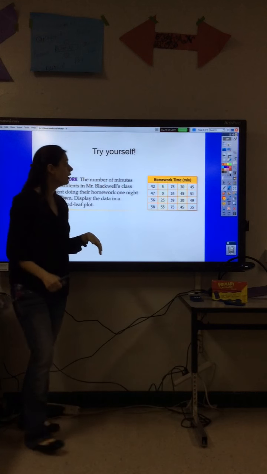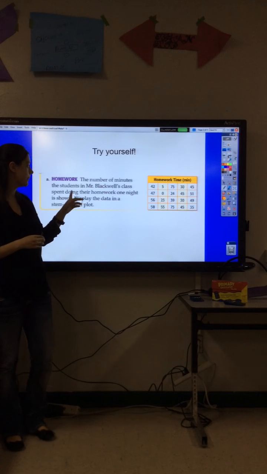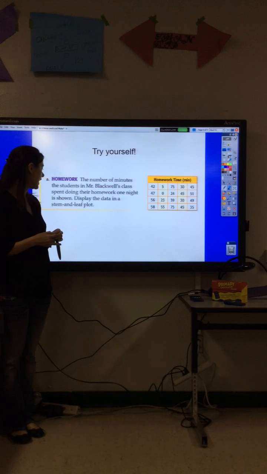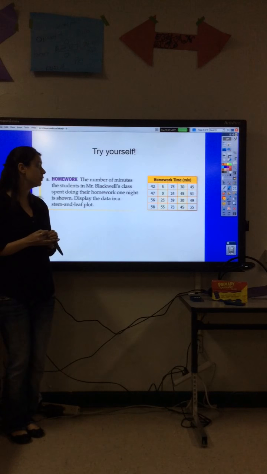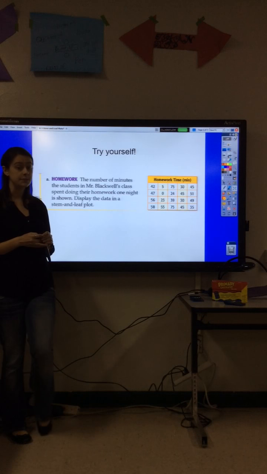Okay, so now on page 5 of your packet, I'd like for you to try this problem. It's the number of minutes the students in Mr. Blackwell's class spent doing their homework in one night. Display the data in this stem and leaf plot.